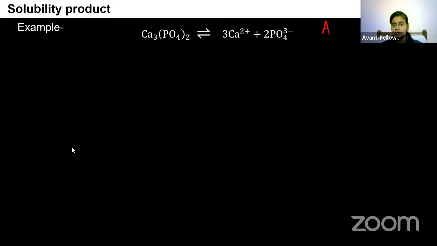If I have a compound in the AxBy format, it gets dissociated into x A^y+ and y B^x-. Here calcium is A and phosphate is B, 3 is x and 2 is y. Using this formula, you get 3 Ca2+ and 2 PO4 3-.